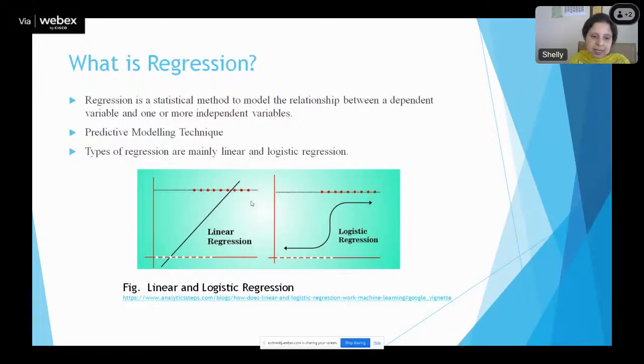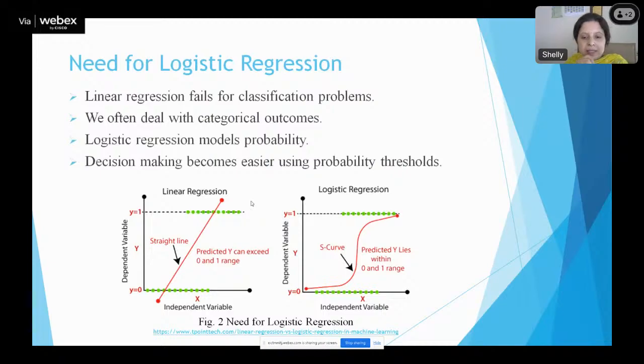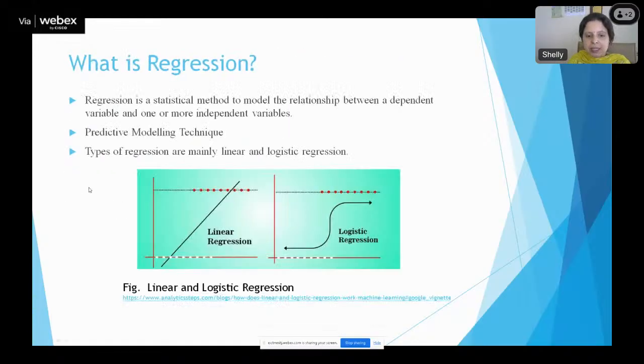The linear regression says you have something as continuous points. For example, consider this equation, y is equal to mx plus c, where m is the slope and c is the constant. Consider this simple line equation, y is equal to mx plus c.